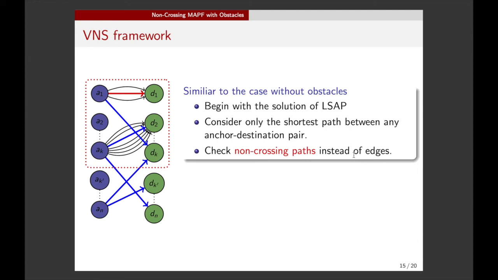The only difference is that when searching for the neighborhoods of a matching, since there are sometimes more than one feasible path between any anchor point and the destination, as shown in the diagram, from K to D2, there are 6 or 5 paths. In order to reduce the complexity, we only consider the shortest path, the green one here, when we compute the VNS.